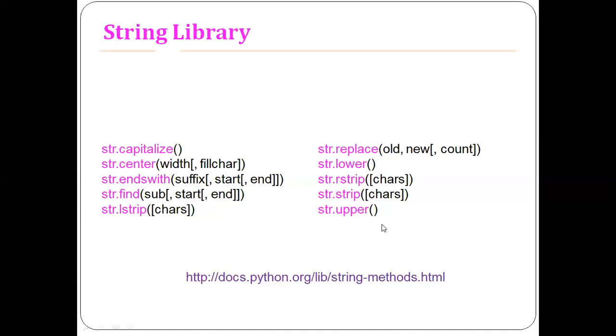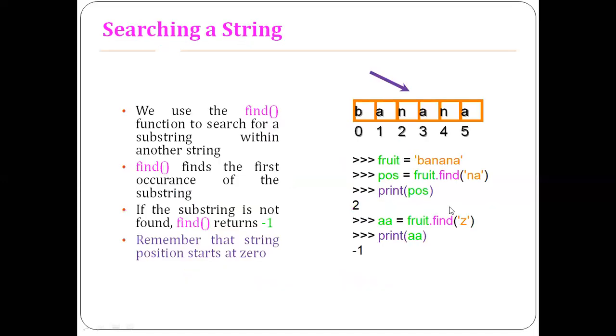So just to look at that one, let's look at one more example of searching for a substring in a given string. We use the find function to search for a substring within another string.